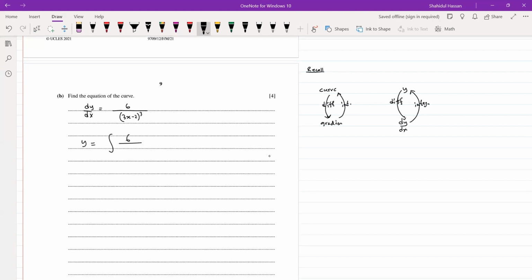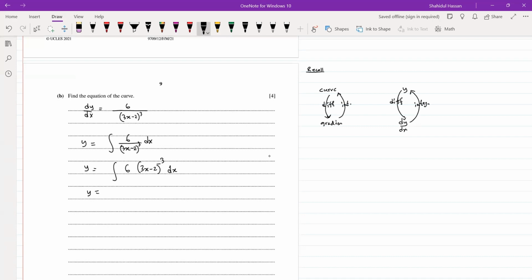So we're going to integrate 6 over (3x minus 2) cubed with respect to x. Before starting integration, we're going to simplify it a little. So we're going to write here (3x minus 2) to the power 3 is in the denominator. If I take it in the numerator, the sign of the power changes.